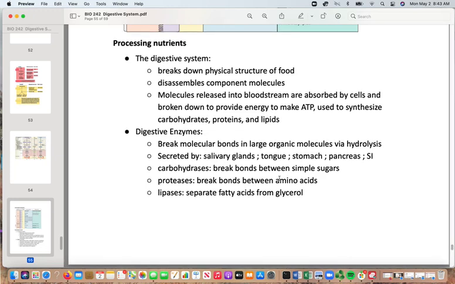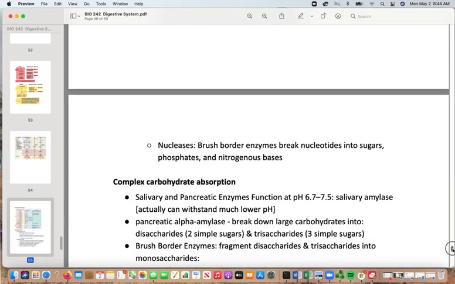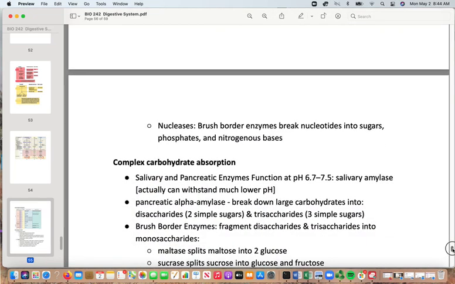So the nice thing with the enzymes is a lot of times you can tell what they're going to break down by their names. Carbohydrases for carbohydrates, lipases for the lipids, proteases for the amino acids, nucleases to break down the genetic material, and the nucleotides.